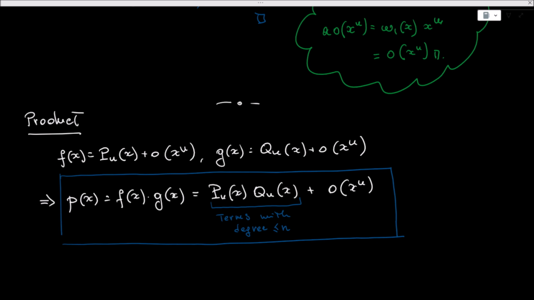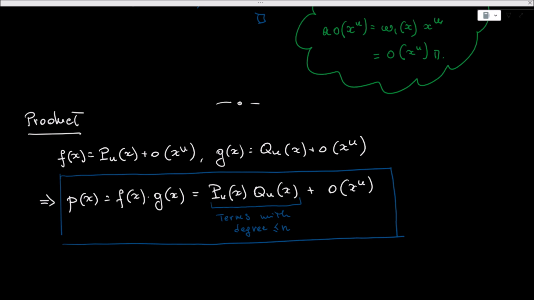When we multiply Pn and Qn, we may end up with terms up to the degree 8, right? Because we may have a term x to the 4 in Pn and a term x to the 4 in Qn. If we multiply them out, we get x to the 8. However, these will be encapsulated by the little o of x to the 4 in that case, okay?